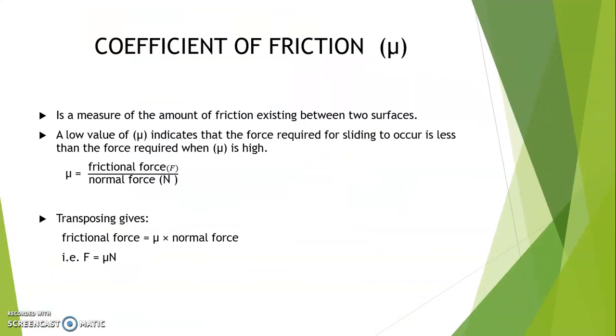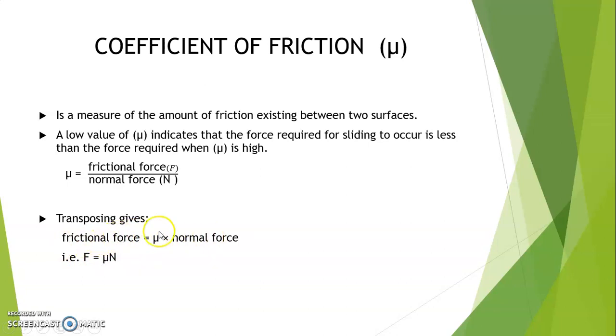So to be able to calculate the magnitude of friction force, there is a coefficient of friction which is obtained by dividing the friction force itself by the normal force. This coefficient comes in because of the direct relationship between the friction force and the normal force.